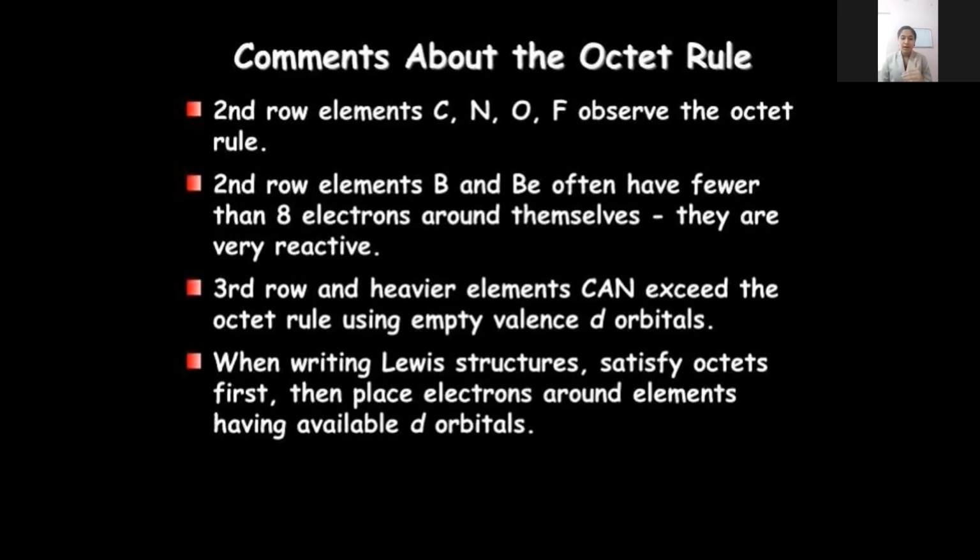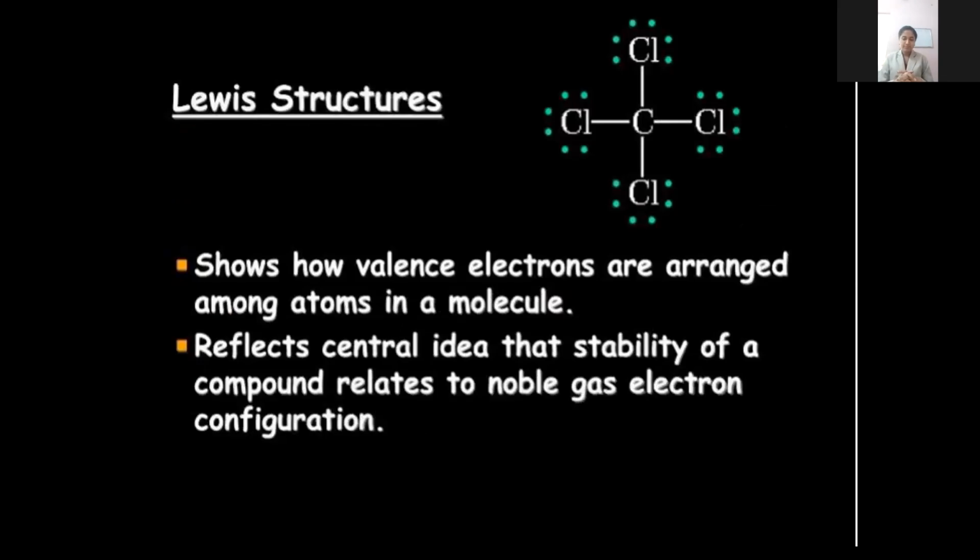Coming to the third row, the heavier elements can exceed the octet rule by using the empty valence d orbitals. When writing the Lewis structure, they satisfy the octet first and then place the extra electrons around the elements having available d orbitals. So now we can move on to the Lewis structure.